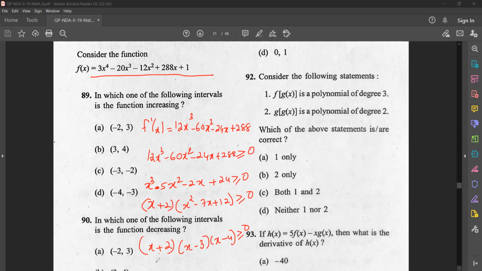So for this to be an increasing function, x plus 2 greater than or equal to 0. That means x less than or equal to minus 2, isn't it? Then x minus 3 greater than or equal to 0. That means x greater than or equal to positive 3.